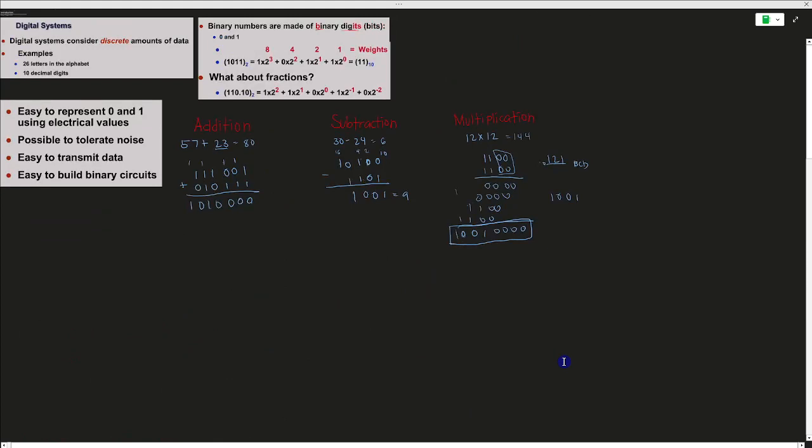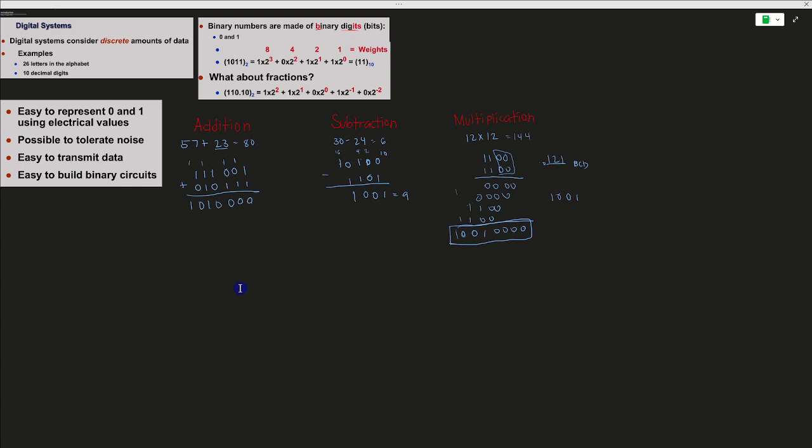So, to recap, pinag-usapan natin about digital systems and why it is easier to work with digital systems. Again, digital systems consider only discrete amounts of data, aka a fixed number of them in one storage. Okay? It is easier to work with kasi it represents discrete amount of possible states.